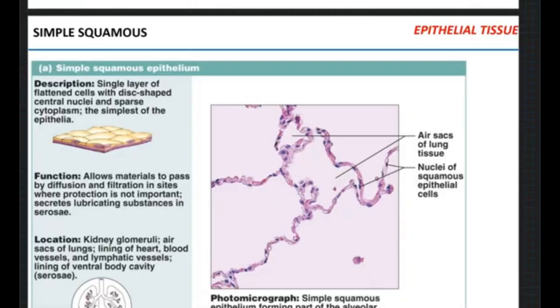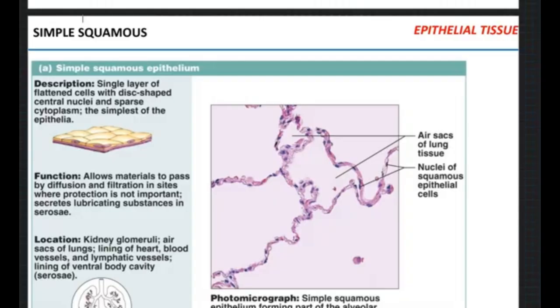Third, where it can be found. I will explain what I mean. You don't need to memorize a bunch of stuff here, a bunch of organs. And lastly, you should be able to identify the tissue under the microscope, on a microscopic picture. Okay? This is what you're going to be doing today in the lab, looking at different tissues.